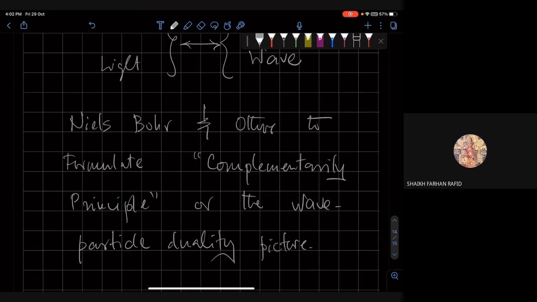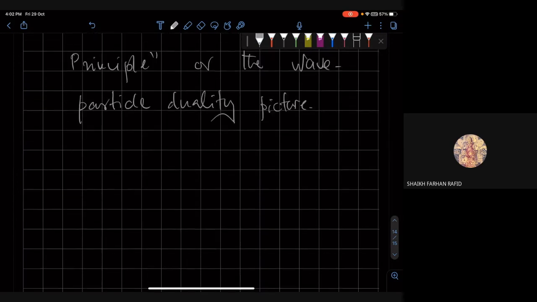All right. So Niels Bohr and others formulated the complementarity principle. And what does this principle say?